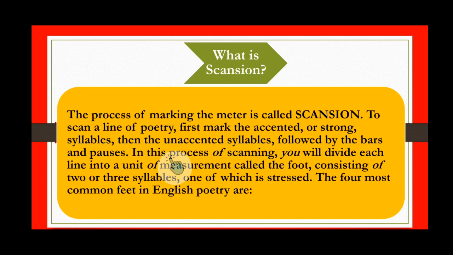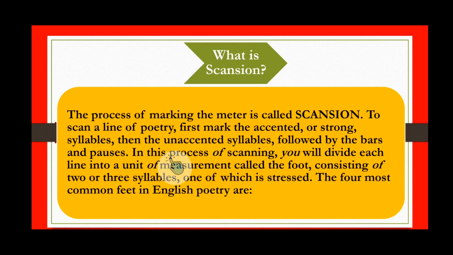Now this is followed by a bar, and then comes the foot. You have a line of poetry. The first thing you have to do is mark the accented syllable, the stressed one. The second task is to mark the unaccented syllable. And the third task in scanning is to draw a bar.